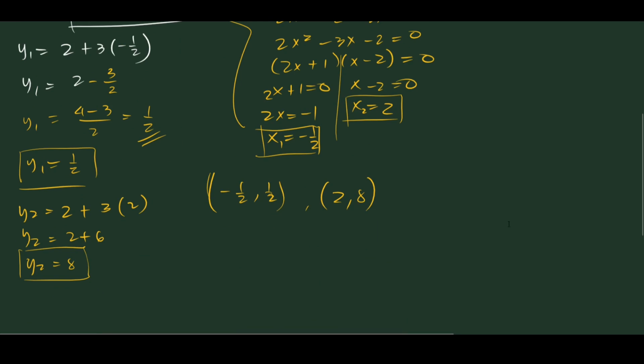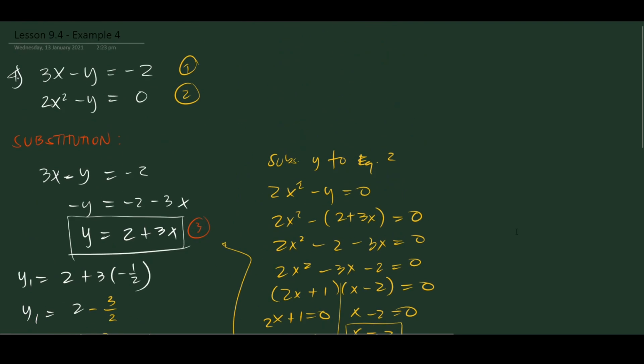Let's check our answers here. We will use equation 1. You can use equation 2 if you want to do that as an exercise. Checking: we have 3x minus y is equal to negative 2.